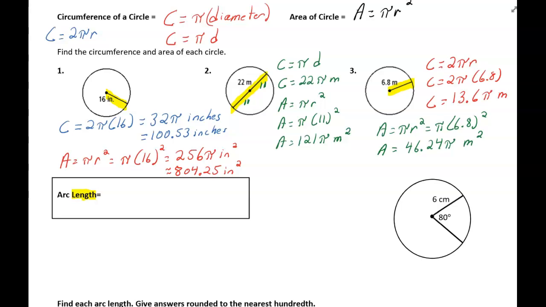We now want to look at arc length. So the arc length is given by this formula. It's the central angle divided by 360 times the circumference.